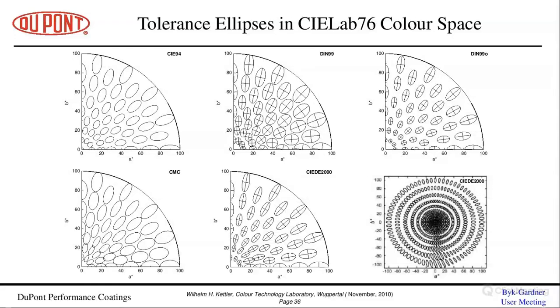The CMC, the ellipses are different. They're in different locations a little bit. And then for the CIEDE2000, the ellipses are similar, but when you look in the blue range next to that plot, you see how they're tilted for the 2000 equation.